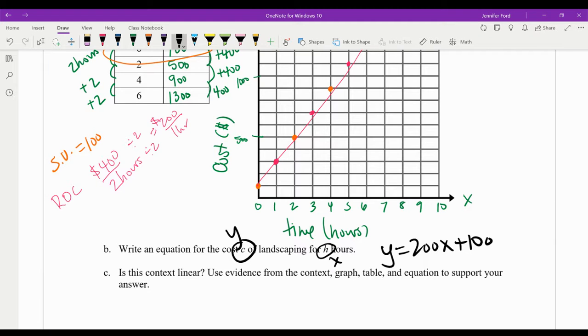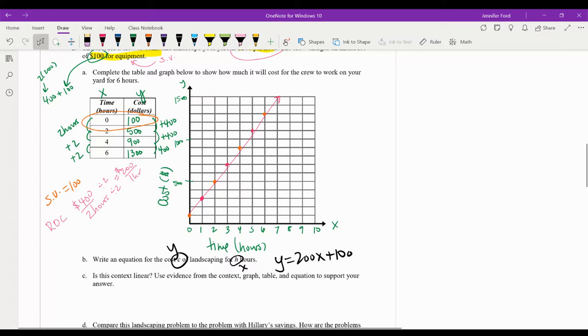So this equation makes sense because 200 times the number of hours and then plus that $100 fee. Is the context linear? Yes. It is linear. The graph is a straight line. The rate of change is a constant amount. It's adding the same amount every time. It is linear.